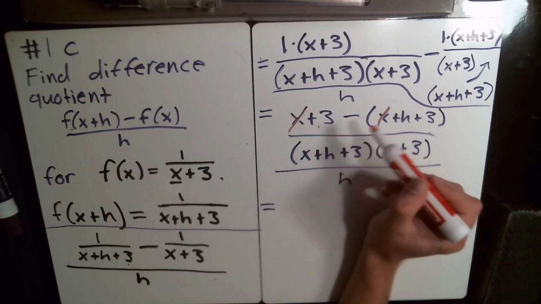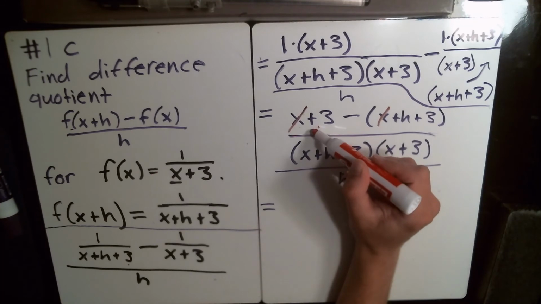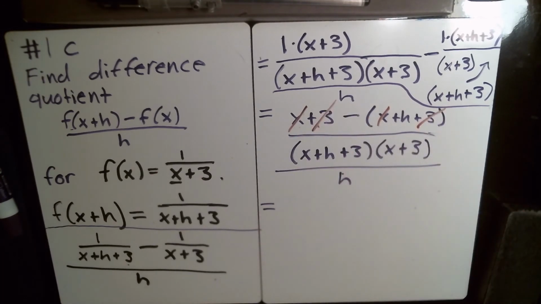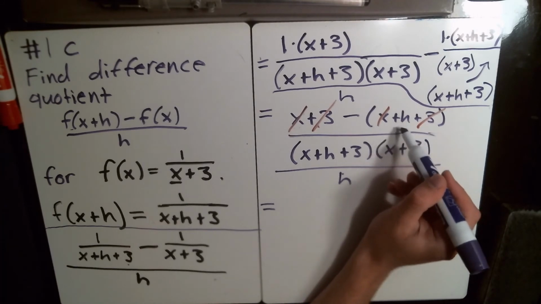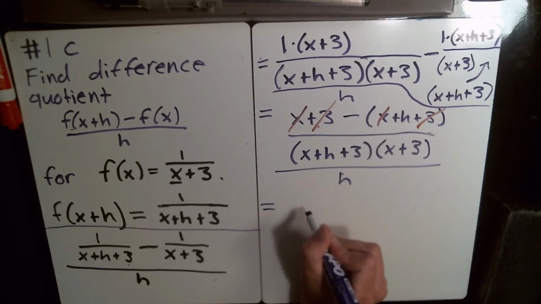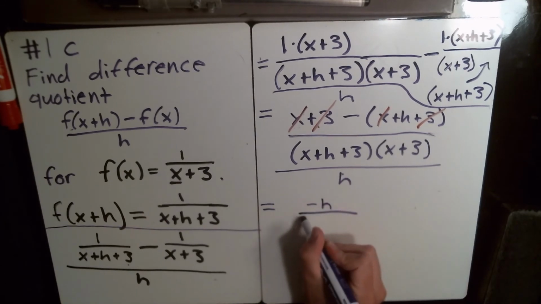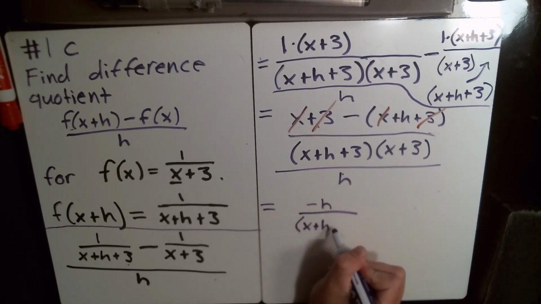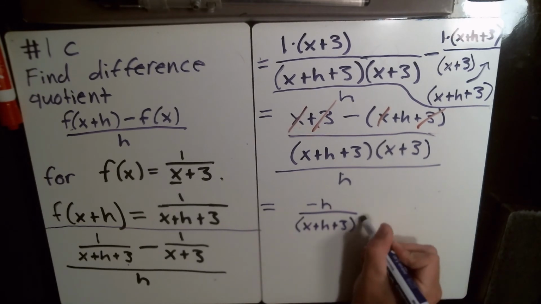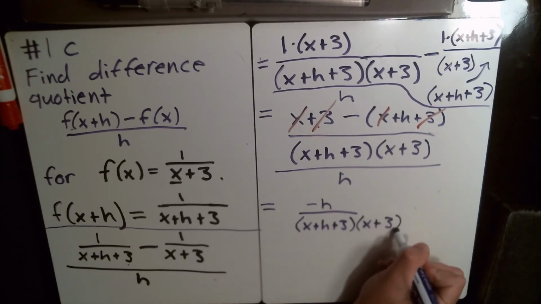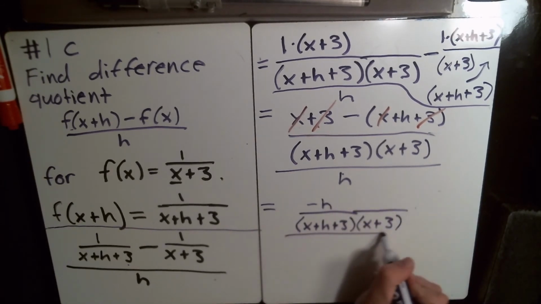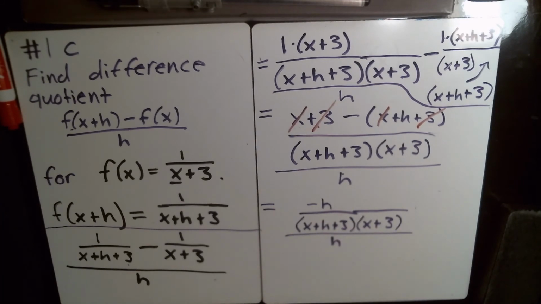The 3 and minus 3, those cancel out. So what I'm left with is just the h, but there's a minus in front, so we've got negative h divided by x plus h plus 3 times x plus 3, all divided by h.